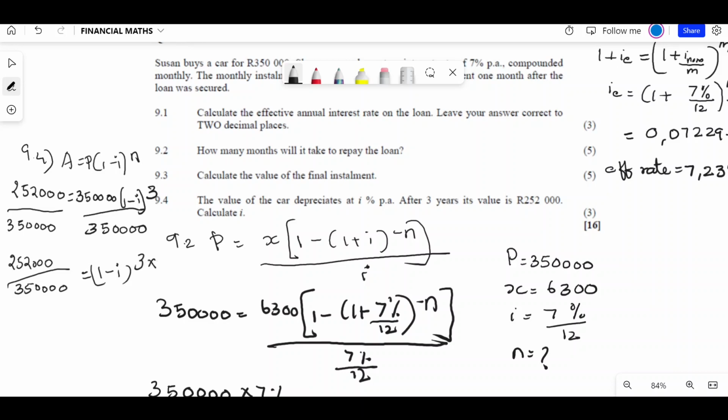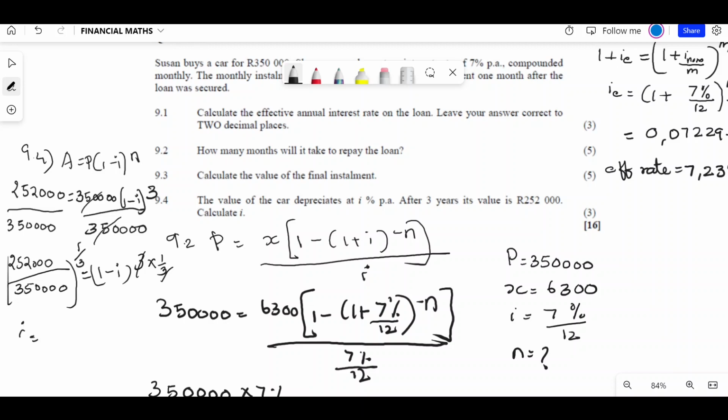Raise the power to 1 over 3 on both sides. So that here on the left hand side, this one was also cancellation, which I didn't show. Now you are left with the 1 minus i on the right hand side, left hand side this term. So 1 minus i, the unknown is negative.